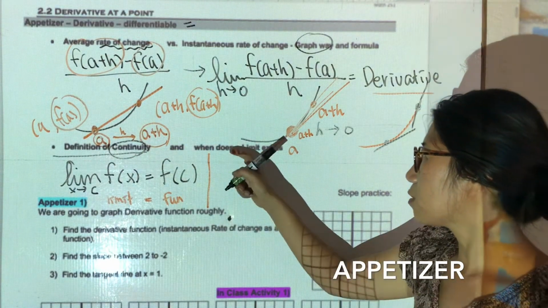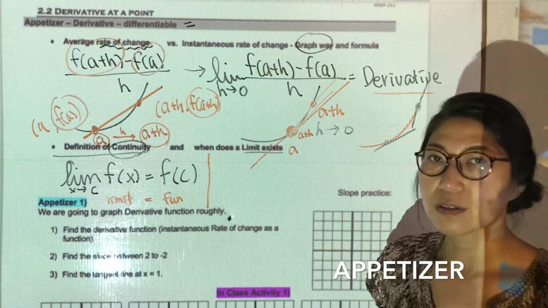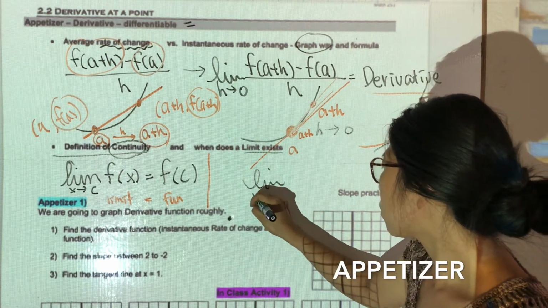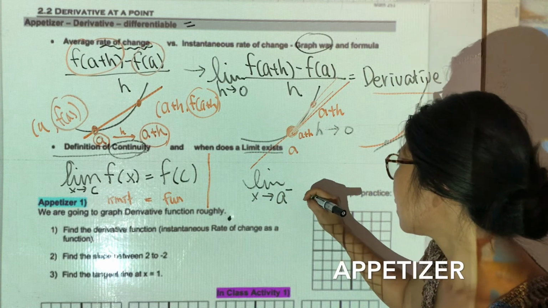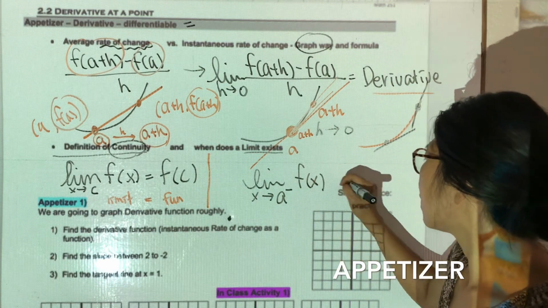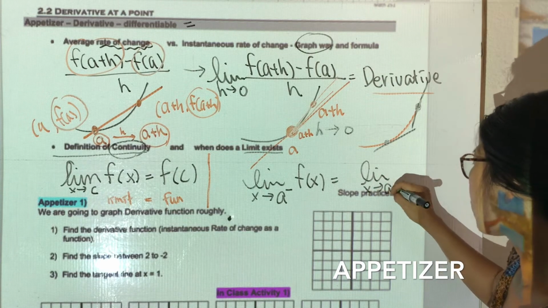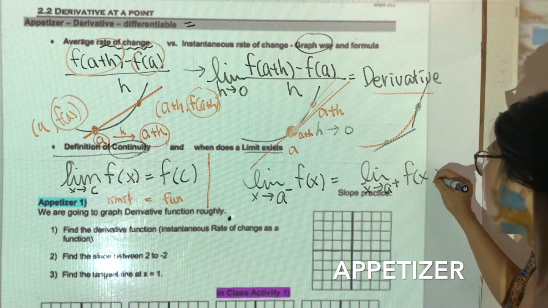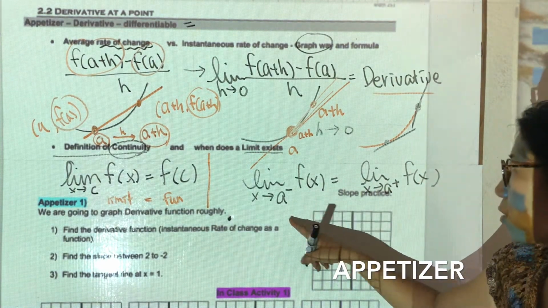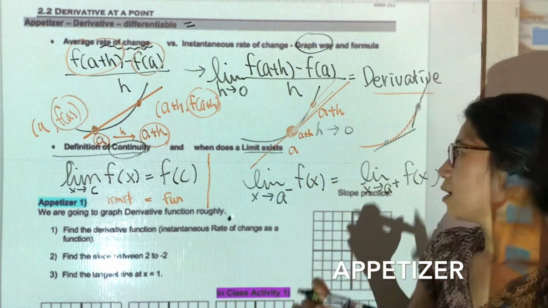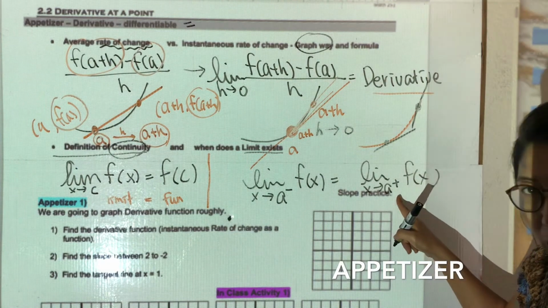And then what does it mean that a limit exists? It means that at that point, when x approaches a from the left and f of x, and x approaches a from the right and f of x, the left-hand limit and right-hand limit go to the same number, then we say that the limit exists.